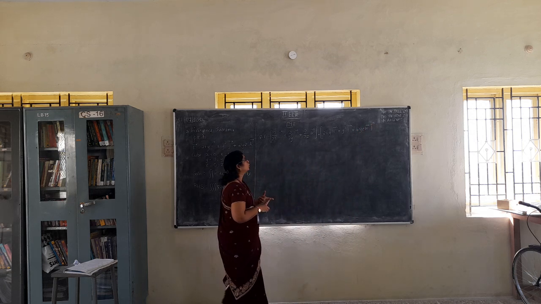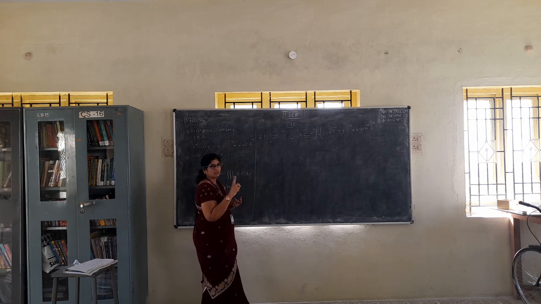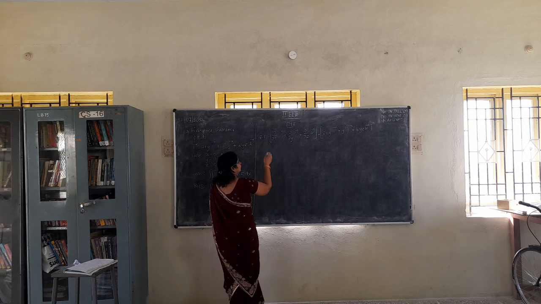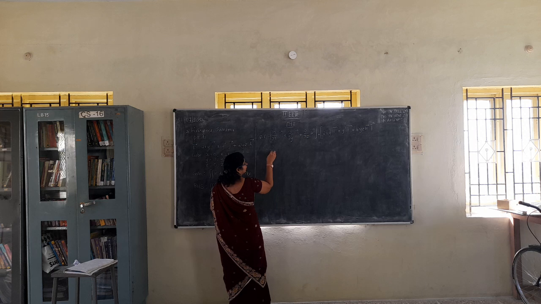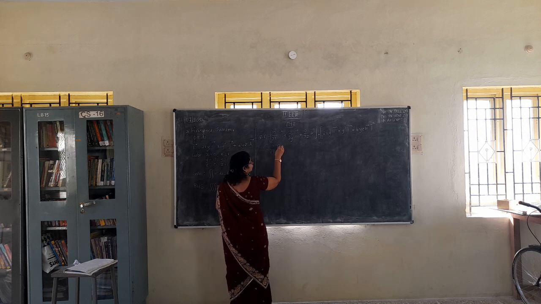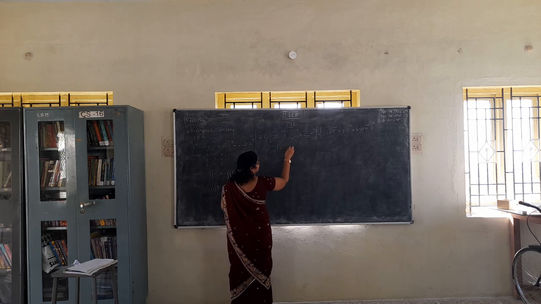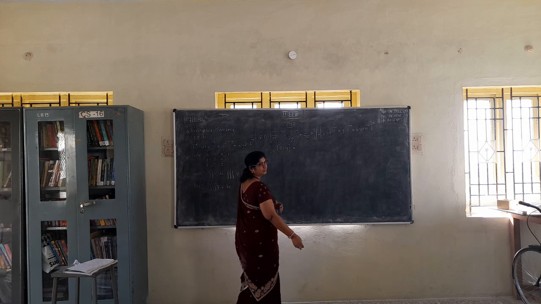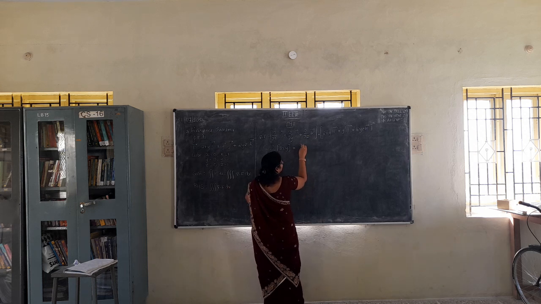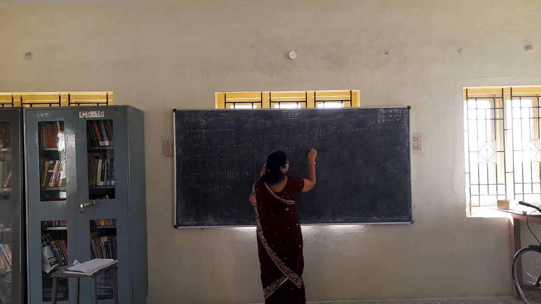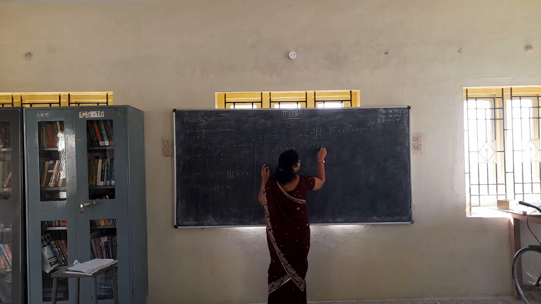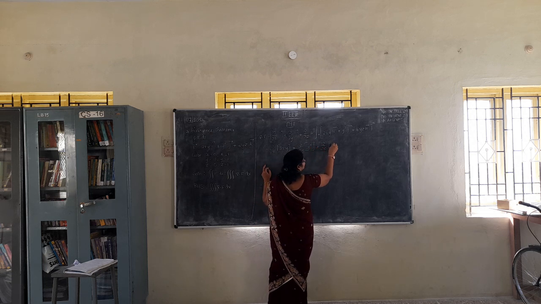So in dot, i dot i is 1. So dou by dou x of 2xy plus dou by dou y of y square plus dou by dou z of 4yz.